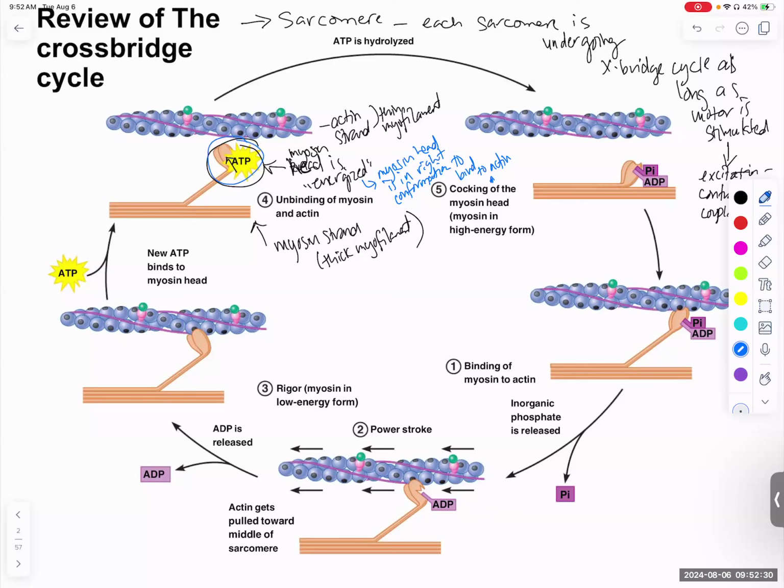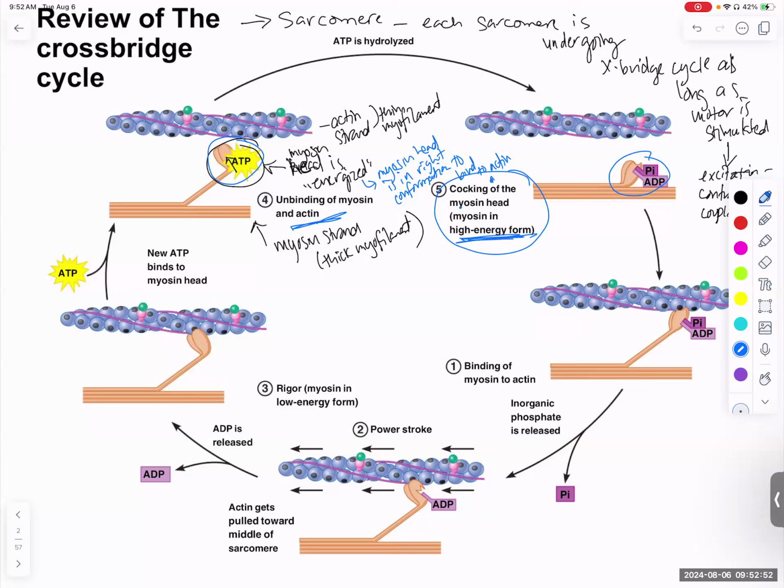So as you see, this is energized, and that myosin head now has energy in it. I'm starting here because binding the ATP is going to energize the myosin head. It goes into the high energy form.